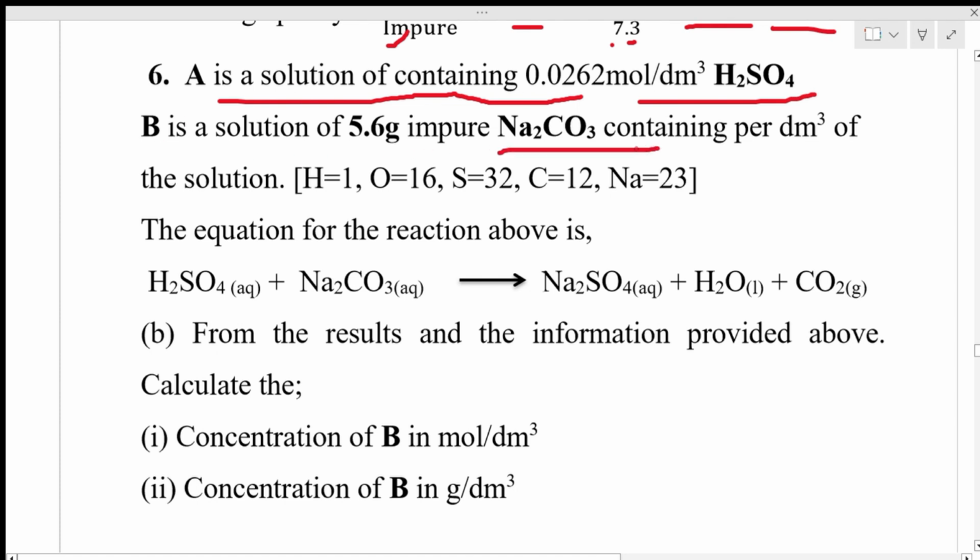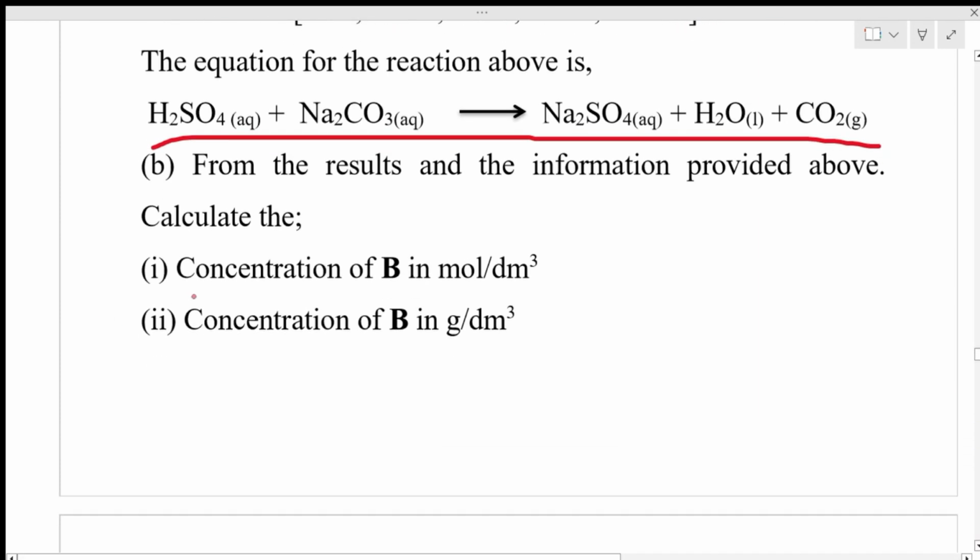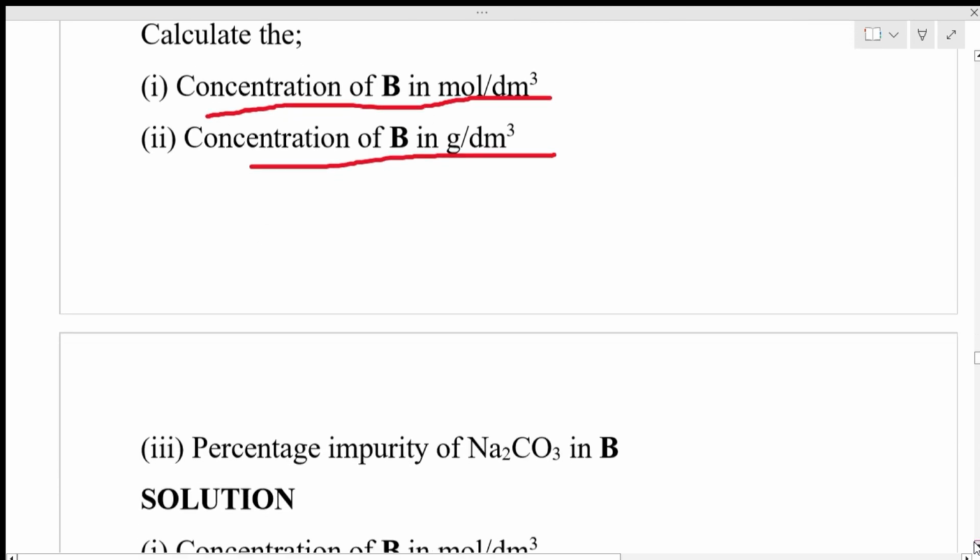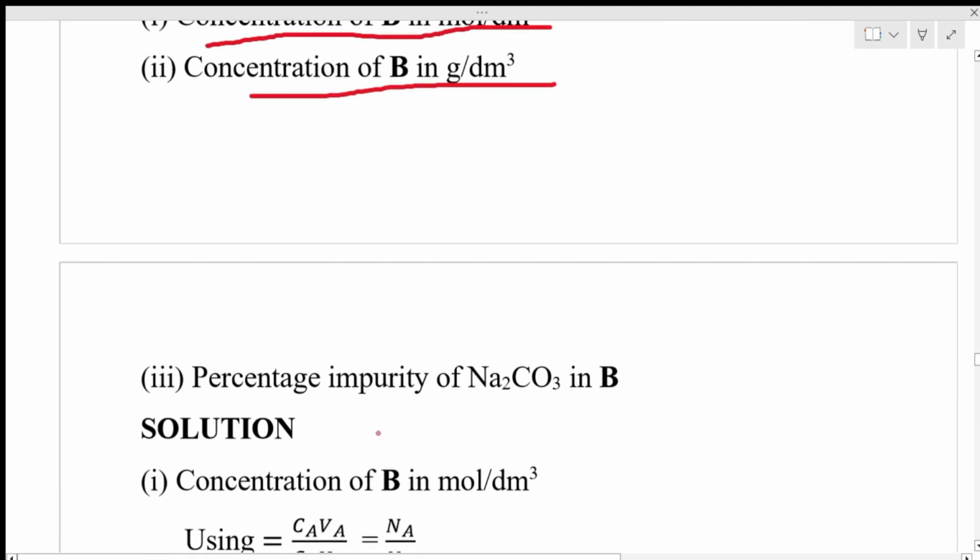Again, we are given an impure, but let's see if the question will be the same or different. Now, say concentration of B in mole per dm³, concentration of B in gram per dm³, and percentage impurity of Na2CO3 in B.